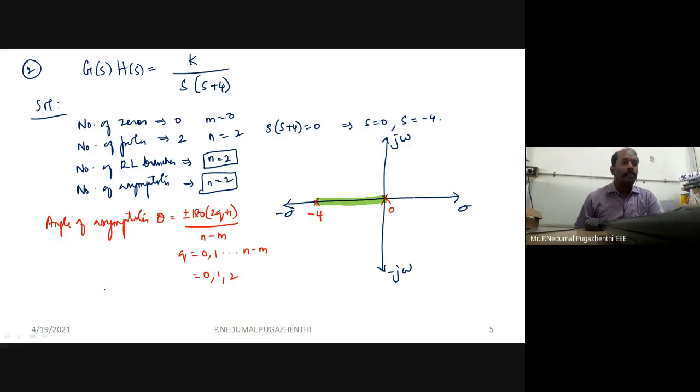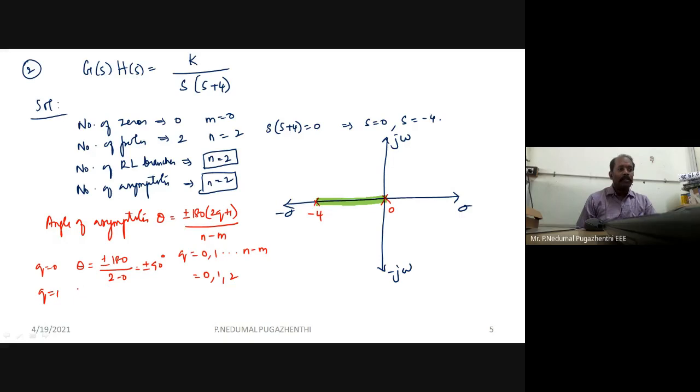So theta 1, if q is equal to 0, theta will be equal to plus or minus 180 divided by 2 minus 0, which is equal to plus or minus 90 degrees. If you put q equal to 1, then it is again multiples of 90 degrees only.